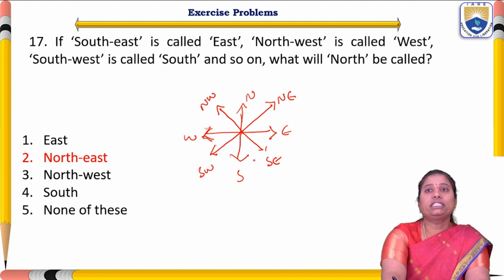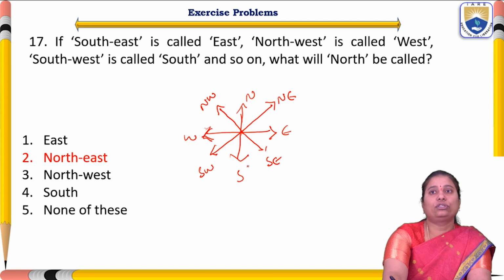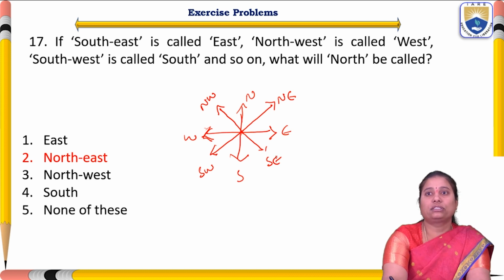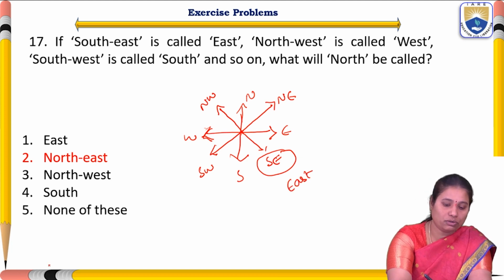Now, southeast is called east. So what they are saying is southeast is becoming east. This is the new assumption.